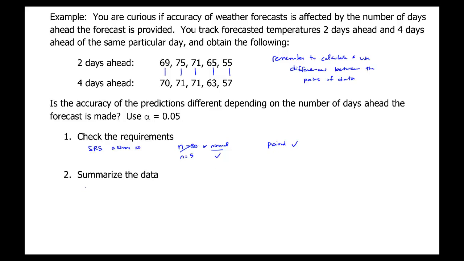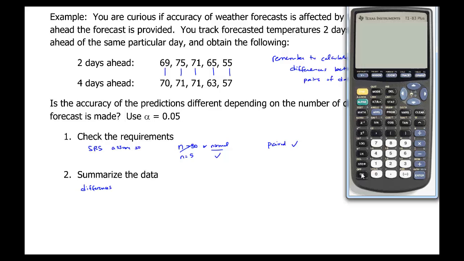So let's summarize. First thing we maybe want to do is find the differences. Okay, so let's do that in the calculator. So what I'm going to do is clear all the lists from before. So I'm just going to go up to the list name and hit clear, and go back down, and arrow up to the list name and clear.